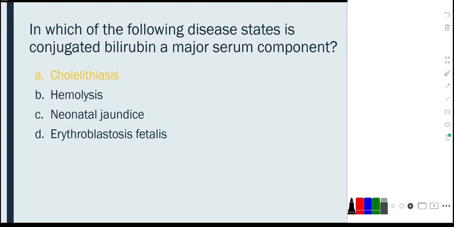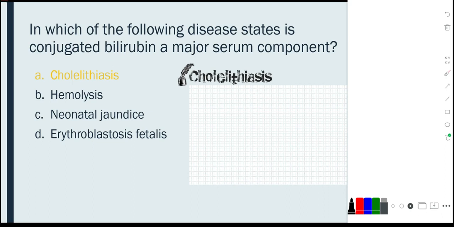As mentioned earlier, cholelithiasis is one of the causes of post-hepatic jaundice, and it's quite important to know what differentiates cholelithiasis from other causes of jaundice, since patients with this type of disease will exhibit unique manifestations that allow us to diagnose that it is a type of post-hepatic jaundice. So the first one, patients will have dark urine.